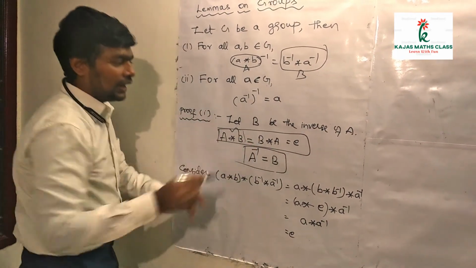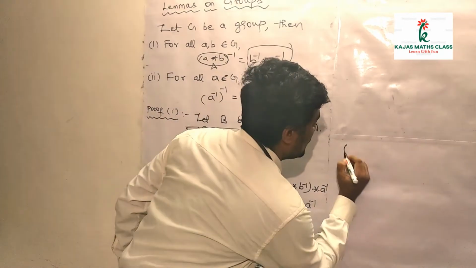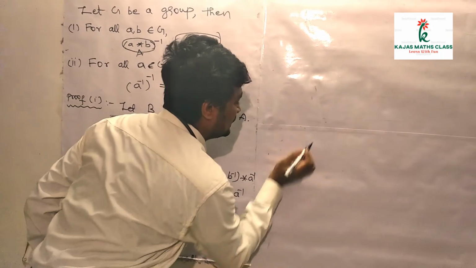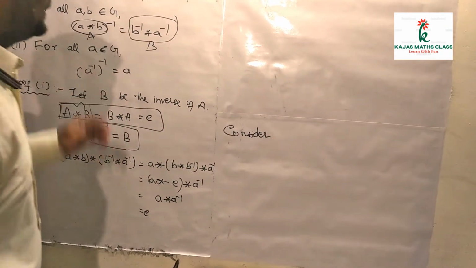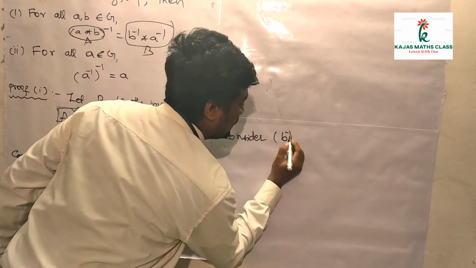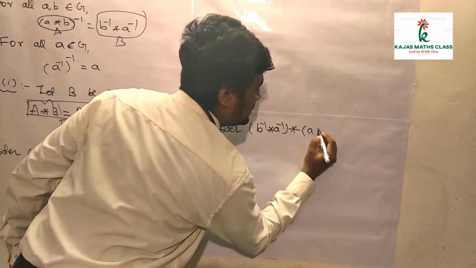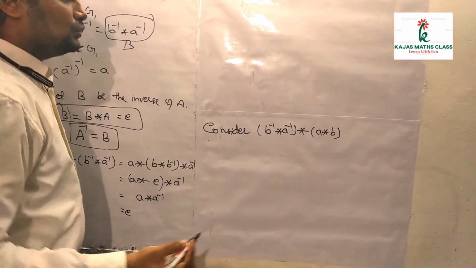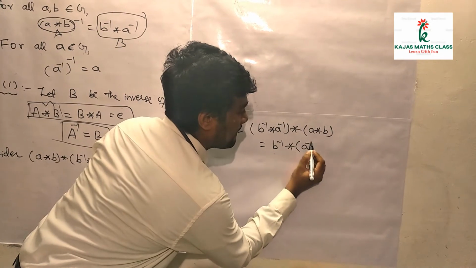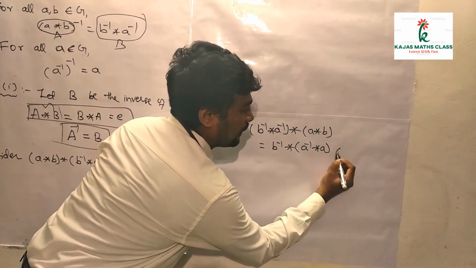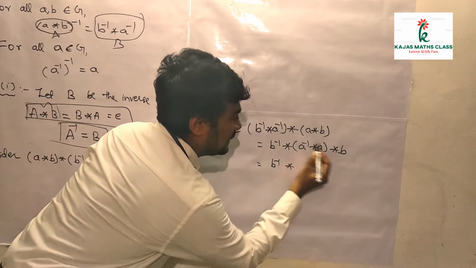Now the second part I have to prove. Consider b * a. What is b here? This is b. Consider b inverse * a inverse * a * b. Again use the associative property. Am I right? Then what is a inverse * a?